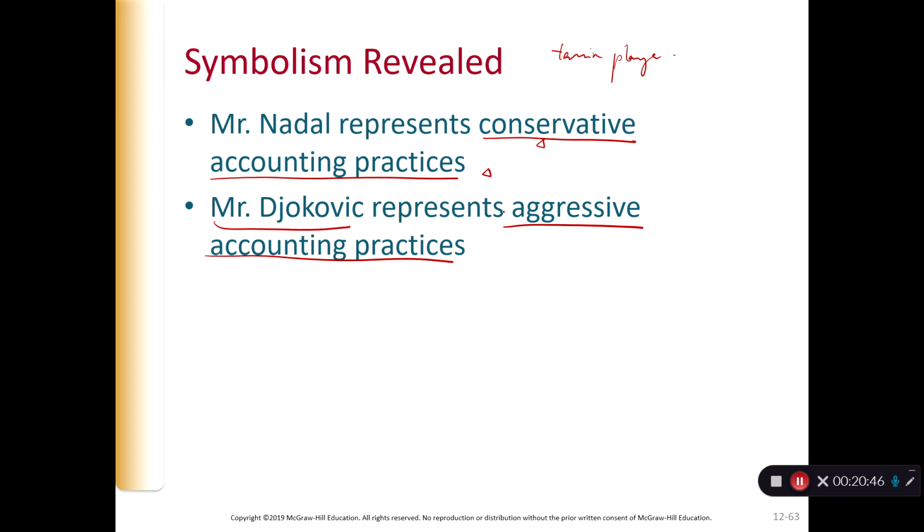Mr. Djokovic representing aggressive accounting practice. If you recall, Mr. Djokovic proposed a lower estimation of uncollectibles, right? And then he says report, do not write down the inventory.